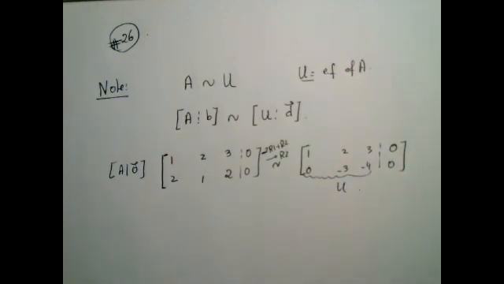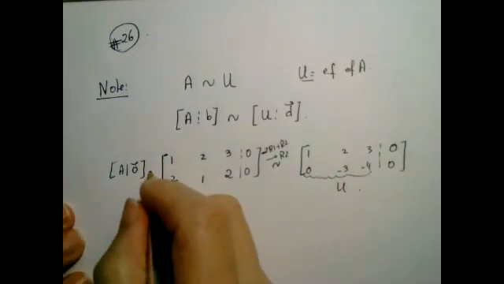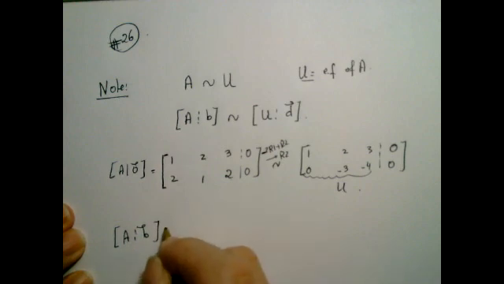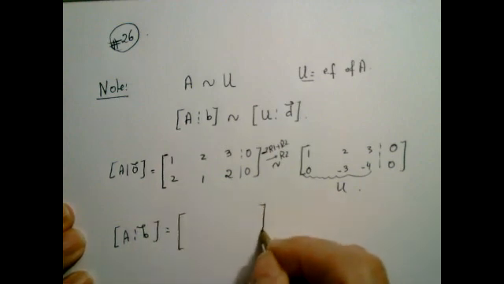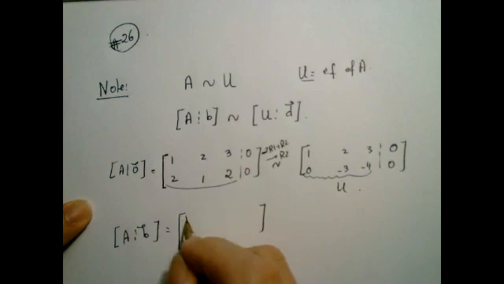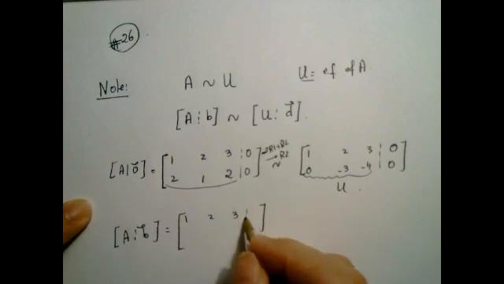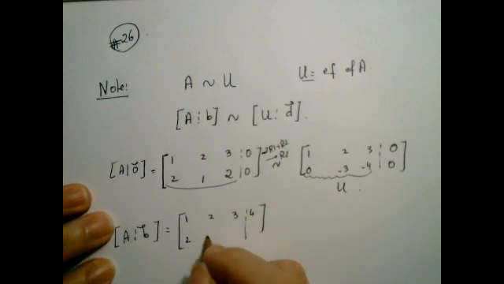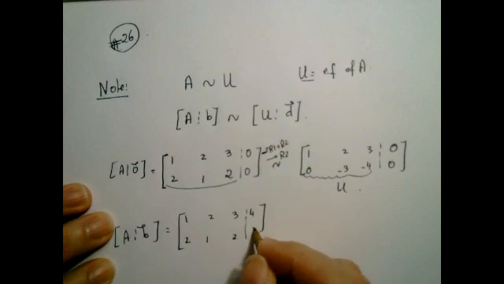Now, if instead of 0, I solve, for example, AB. I have AB, and let me make up something. So it's the same A, but here I have an augmented term. Let us say 4. It doesn't matter what I'm going to put. It is not relevant. 2, 1, 2, and let me put a 2 in here.